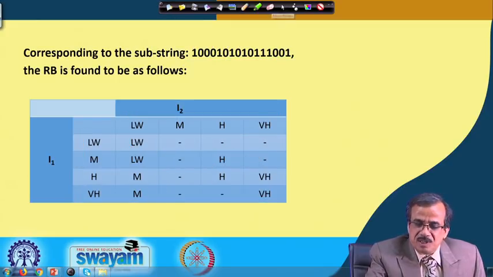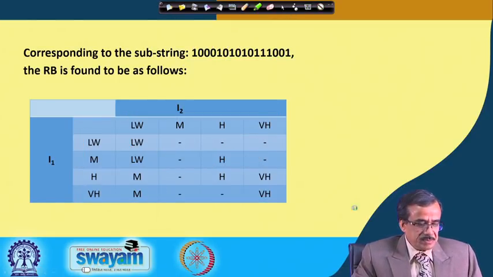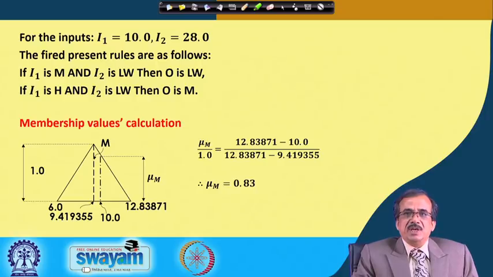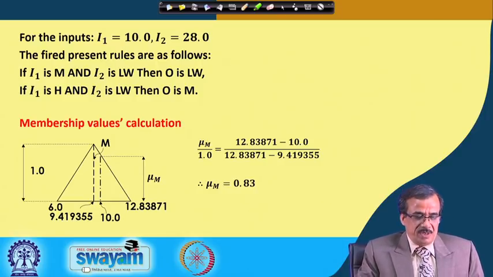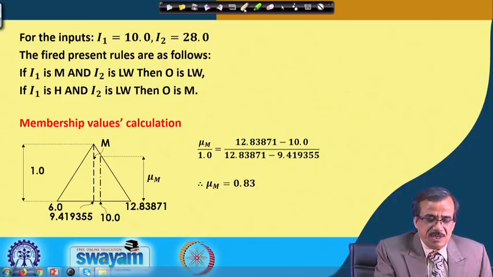Now, once you have got this, I can pass a particular training scenario. The first training scenario is I 1 is 10, I 2 is 28.